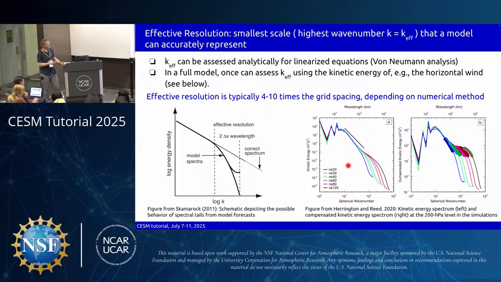So you see we follow this theoretical curve well, and then we start falling off. So we can see that in practice in our system. Where this line starts to fall off, we like to call the effective resolution of the model. And that typically happens at 4 to 10 delta x.